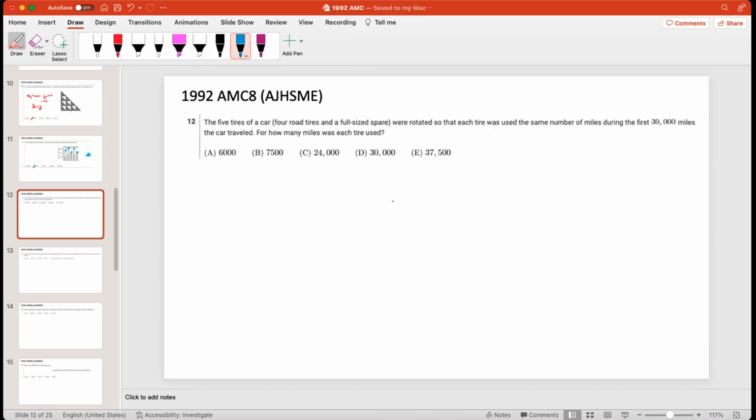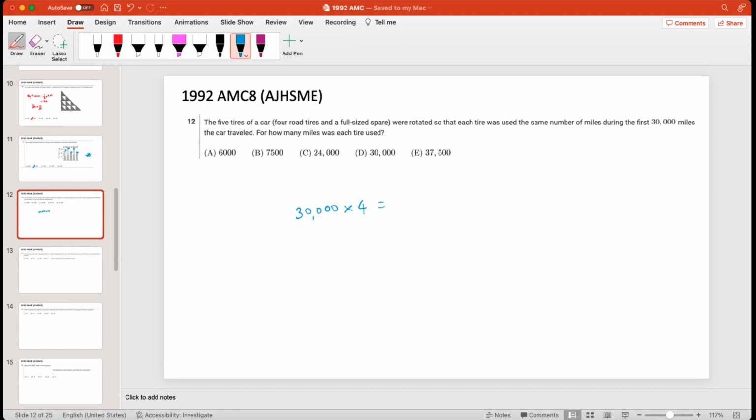The five tires of a car, four road tires and one full size spare, were rotated so that each tire was used the same number of miles during the first 30,000 miles the car traveled. How many miles was each tire used? So the car traveled 30,000 miles, and at any point in time only four tires are used, right?